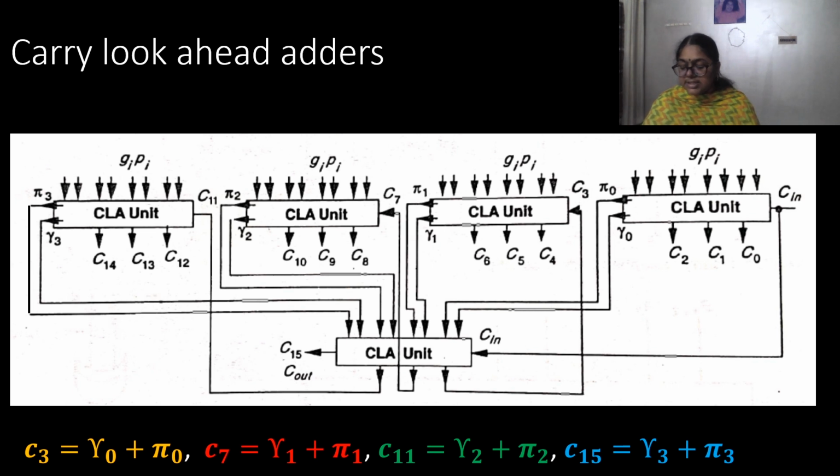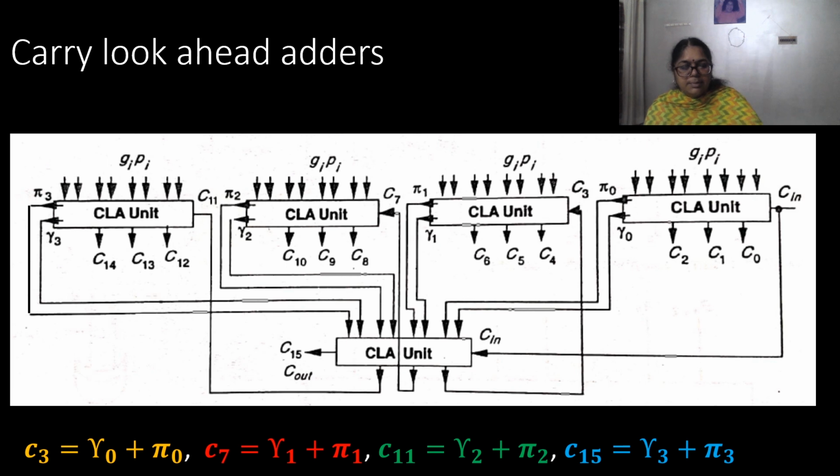So all the expressions make use of AND gates and OR gates. So that is why we can say that the carry look ahead adder is faster. But one problem comes into picture. If the carry look ahead adder is performing addition of more than 4 input bits, then, as you can see from the previous expressions, the maximum number of inputs given to the AND gate in C3 is equal to 5.